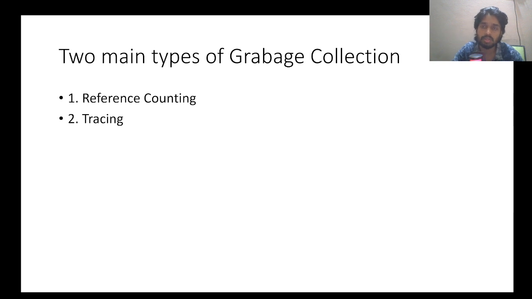There are two types of garbage collection. The first one is reference counting and the next one is tracing. First we'll see how garbage collection works for reference counting. We all know that whenever we create an object and point any variables to it, the reference count is incremented.